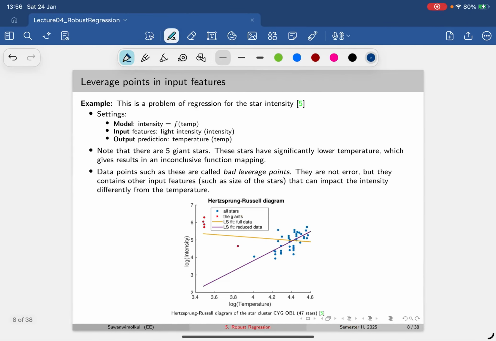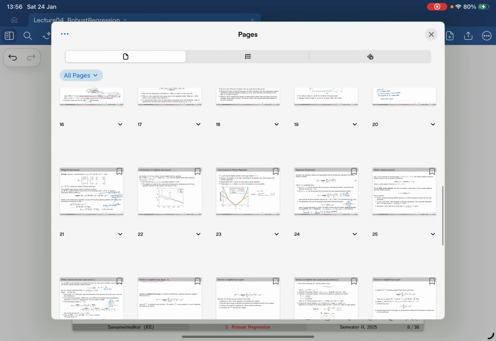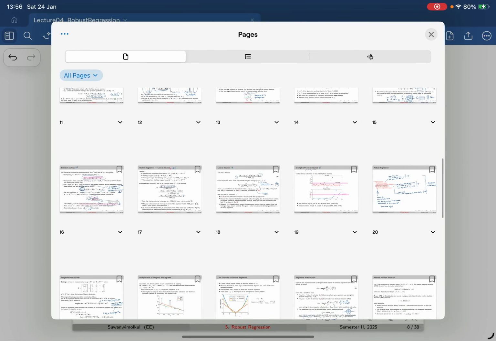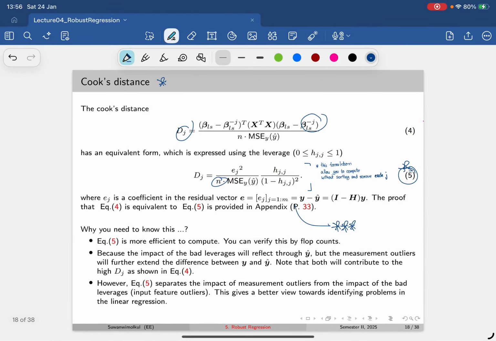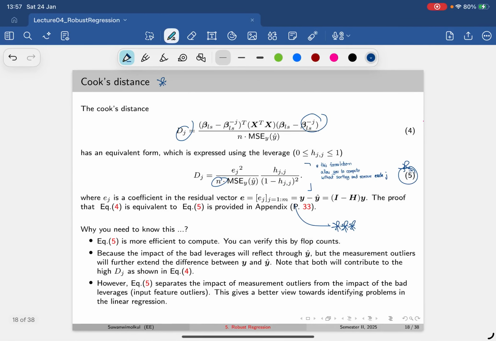That is going to be in your homework, where you have to analyze the similarity or difference between the Cook distance, which is this L2 norm of the distance, and the hat matrix. This is just to recap.